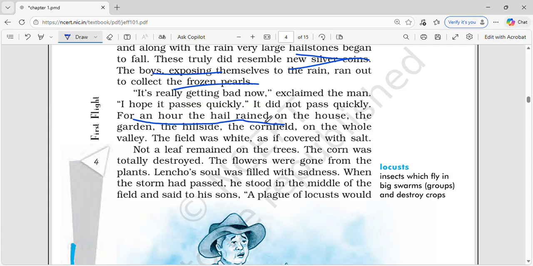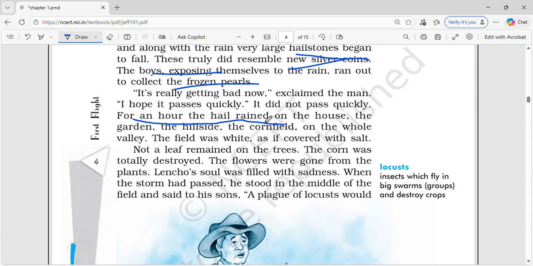The man Lencho had expected that the rain would hopefully be just for a little bit, but actually the hail lasted for 1 hour. So obviously the hillside and all of the cornfield, all of that was ruined.